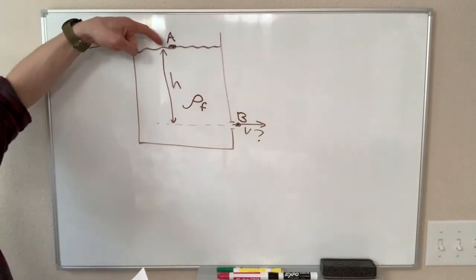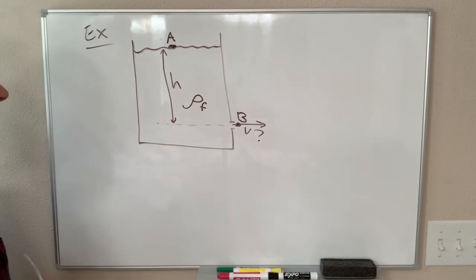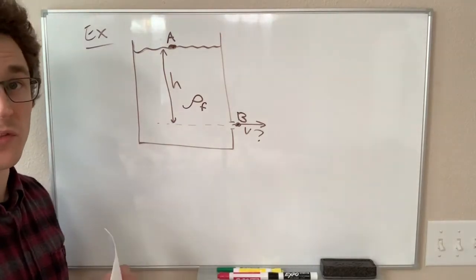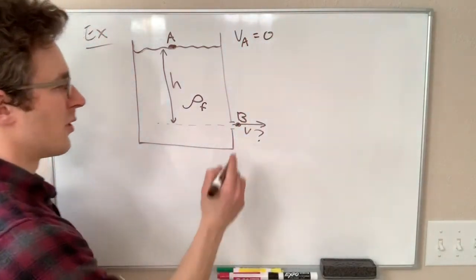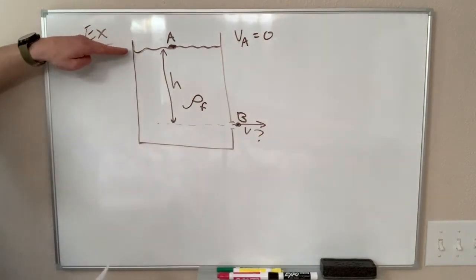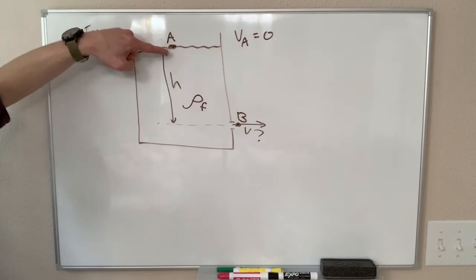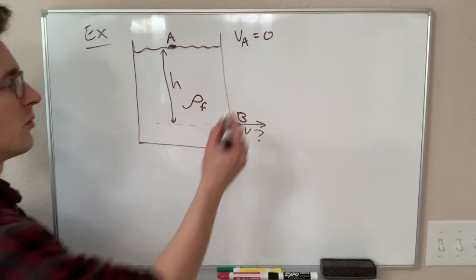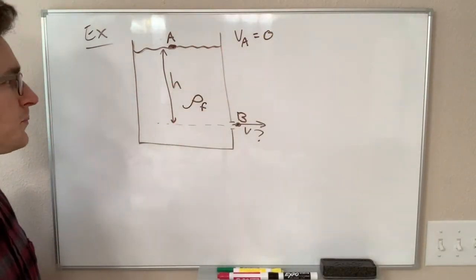At point A, we do know what the velocity is, or at least we can say to very good approximation that the velocity is 0. If we imagine water coming out of this hole down here, the water level is going to go down a little bit. The water at the top is going to move down very slowly, but much, much, much more slowly than this velocity. So we can say that the velocity there is equal to 0.